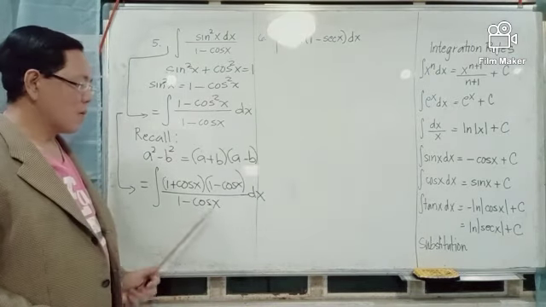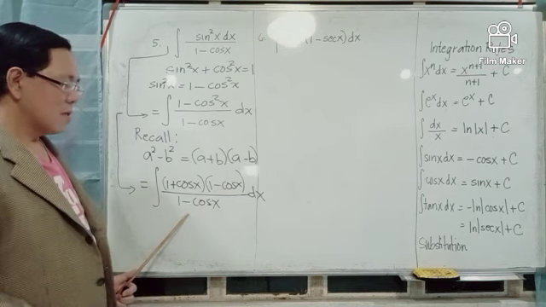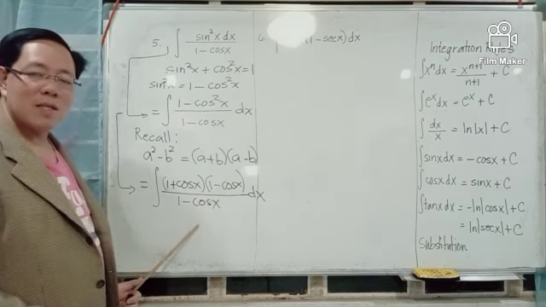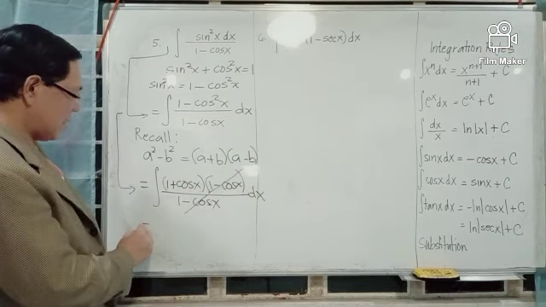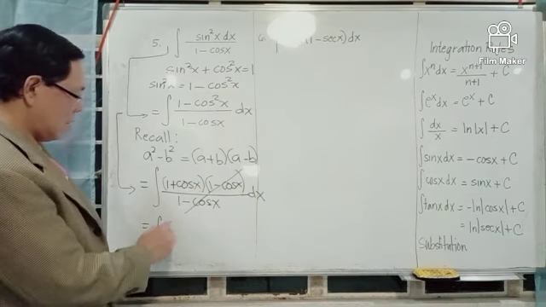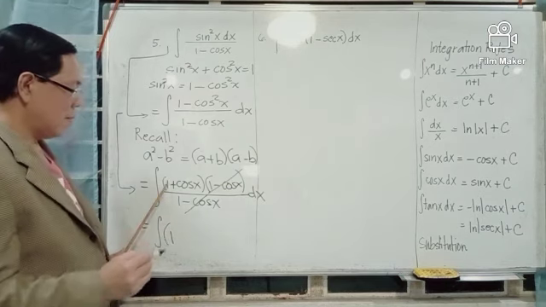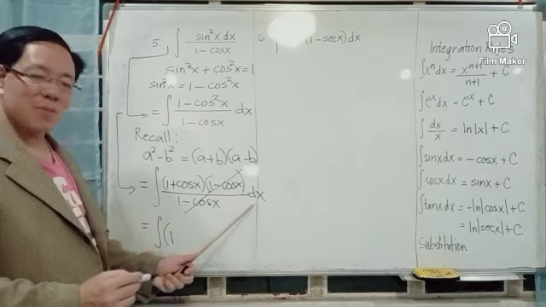And you can see now that 1 minus cosine x in the numerator and in the denominator will cancel out. And we simply have the integral of 1 plus cosine x with respect to x.